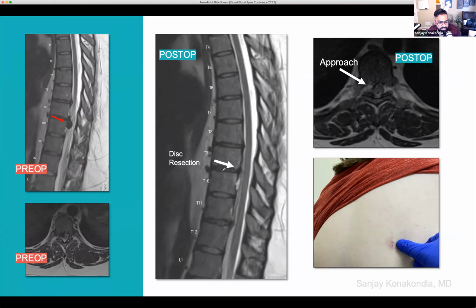Pre-op MRI, big disc again. Most of it is gone with good decompression of that spinal cord. Again, you can see the collateral damage here, the trajectory essentially. Again, staying out of the intrathoracic cavity and no real rib resection at all. And of course, a nice incision. So she got much better. Her walking improved and progressed from a walker to a cane, and is continually improving up to a year.